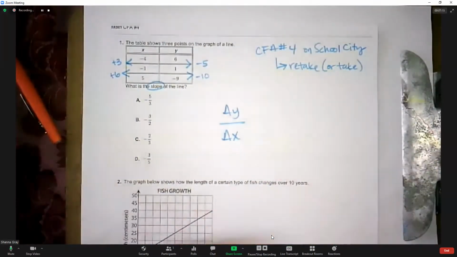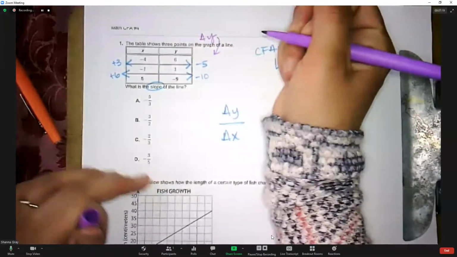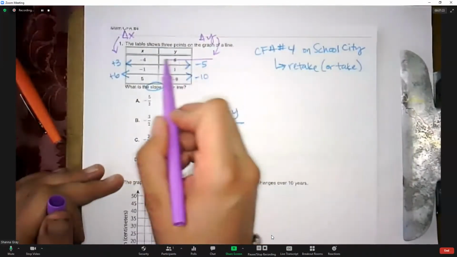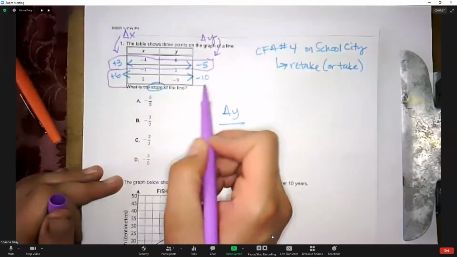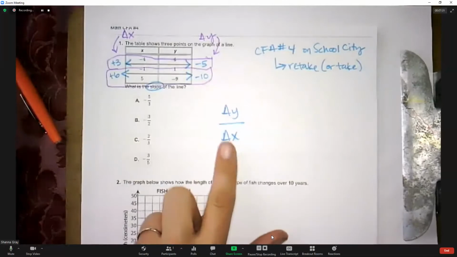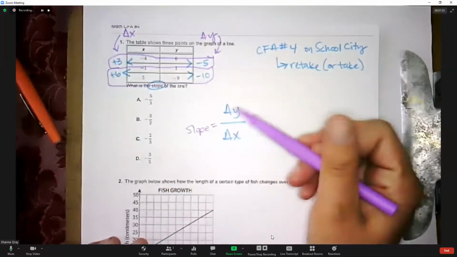So this side is the change in y, and this side is the change in x. So you're basically taking these pairs and looking at them in a fraction to see what the slope is. So the slope equals this relationship.